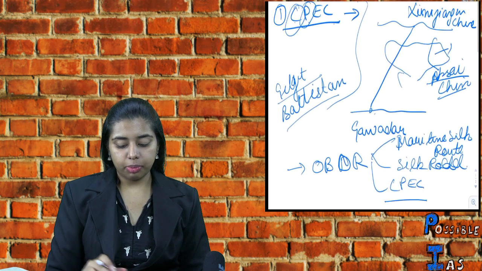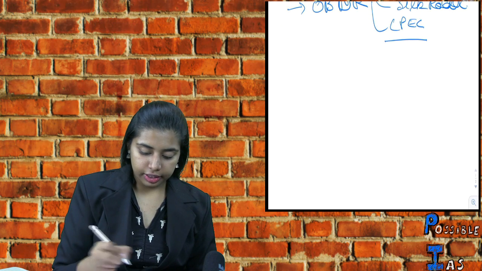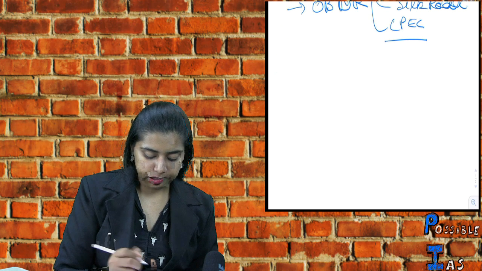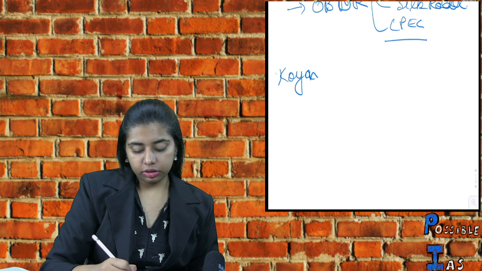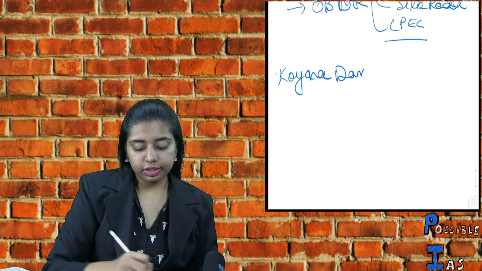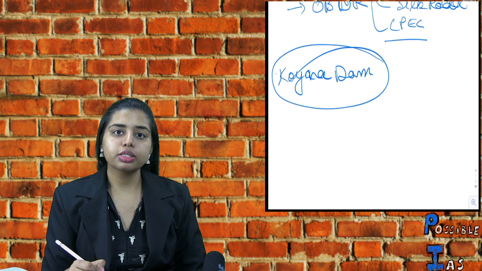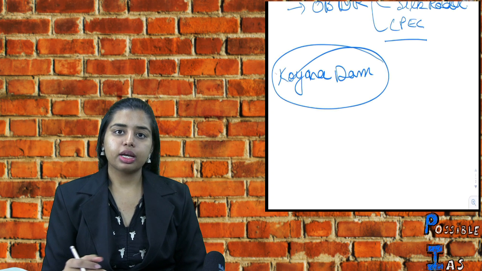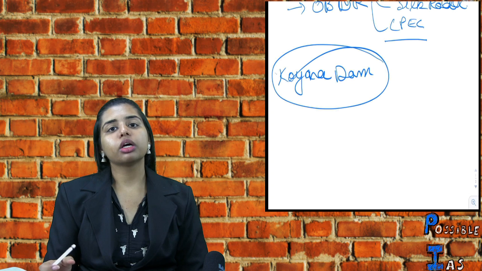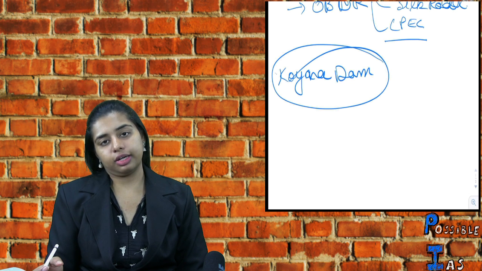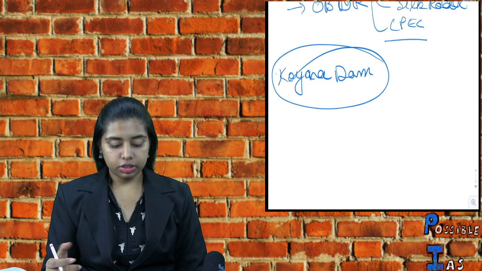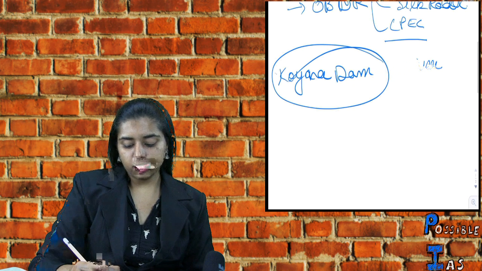Now yesterday or the day before, the Koyna dam was in news. Why was it in news? Because from the Koyna dam they are releasing water for Karnataka to overcome the shortage in Karnataka. Now where is the Koyna dam located? It is located in Maharashtra.